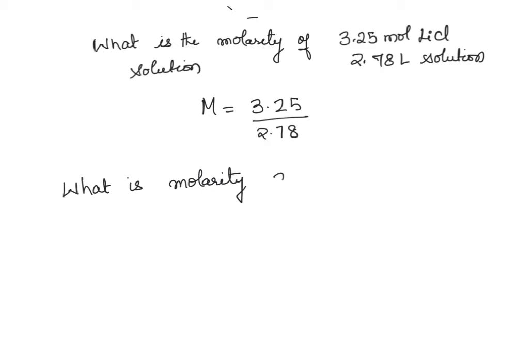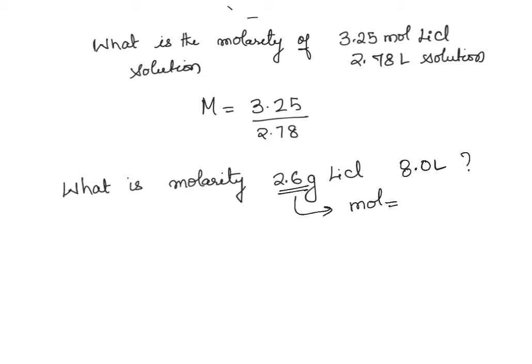Now, sometimes your question might be, what is the molarity of the solution when 2.6 grams of lithium chloride was dissolved in water to make 8 liters of solution? Now remember, they didn't give you moles, right? They gave you grams. So when you're given grams, convert the grams to moles. How will you do this?